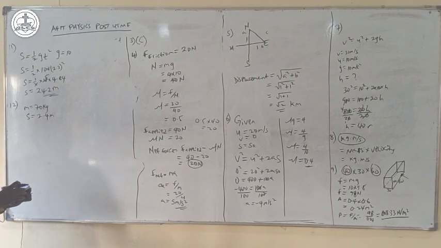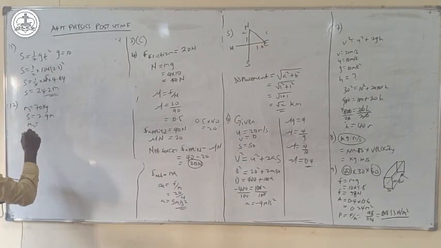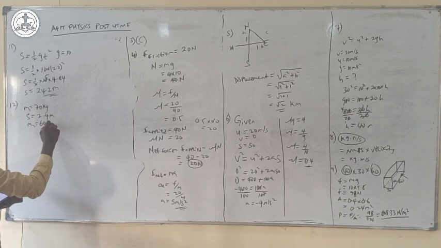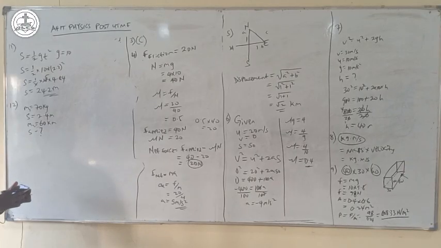At what distance from the fulcrum should a 60 kg man sit to balance the seesaw? So they said at what distance should this man sit?